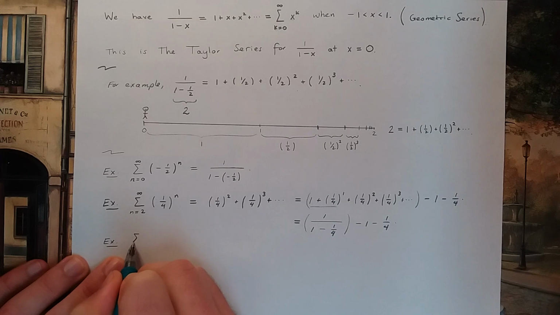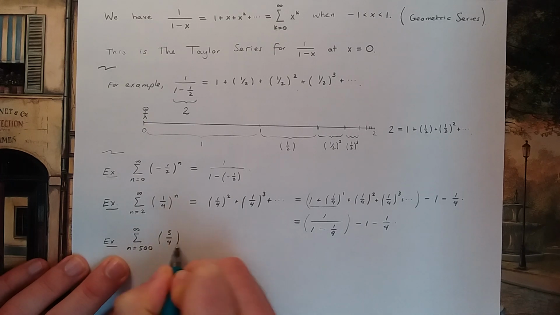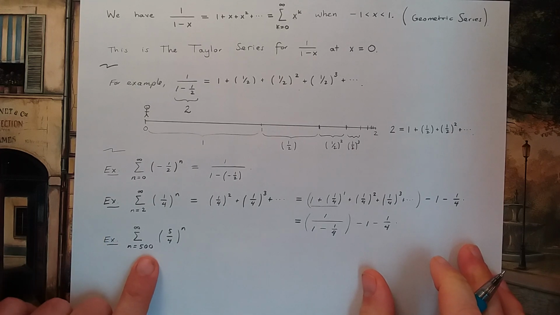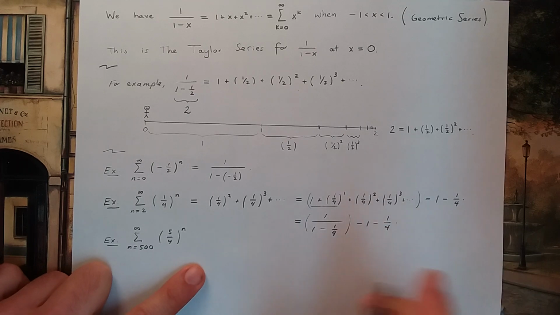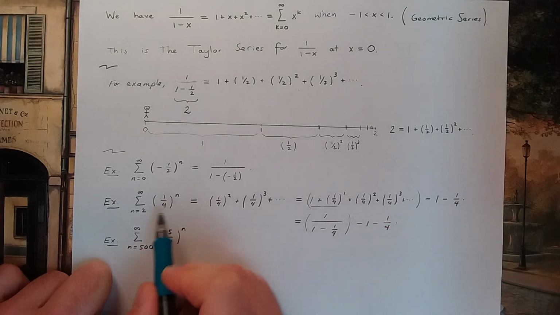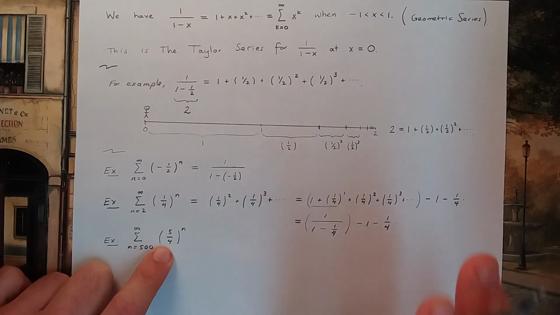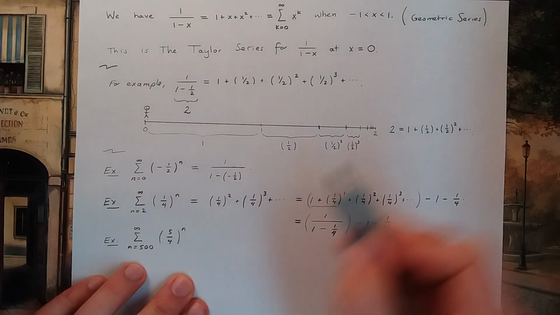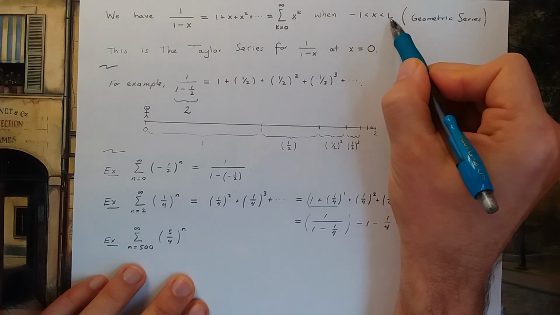Let's do another example. What if I have this sum starting at 500 of (5/4) to the n? Well, I'm missing the first 500 terms. Like in this last problem, I was missing the first two terms. I can add those in and subtract them again later, but I notice that this time the value 5/4 is outside of the range. It's outside of the interval from -1 to 1.